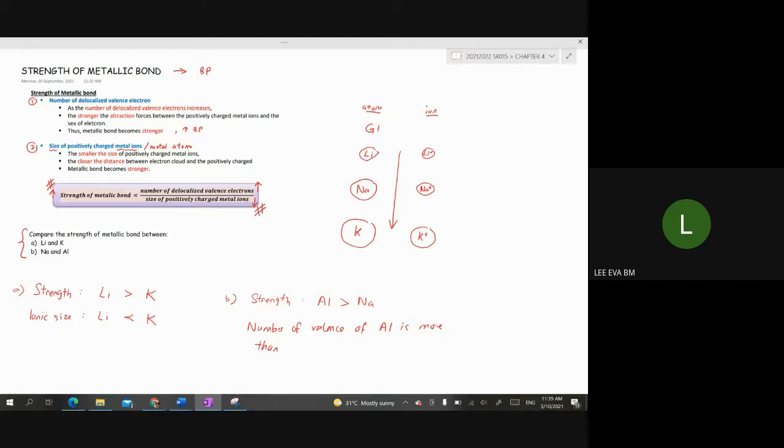You cannot just say aluminium has 3 valence electrons and sodium has only 1, therefore the strength of aluminium is stronger. You must compare using more or less. Remember, when comparing you must use comparison words like more or less. So the number of valence electrons of aluminium is more than sodium. Therefore, aluminium has a stronger metallic bond. If we want to compare boiling point, that is fine too: the boiling point is higher for aluminium.